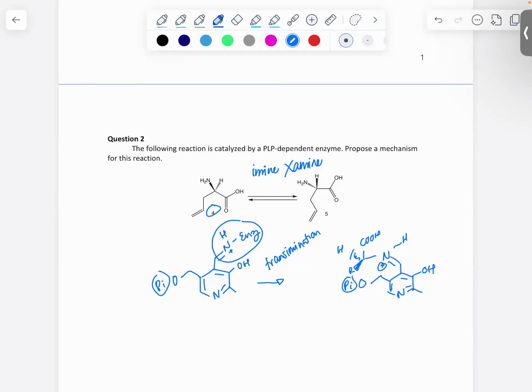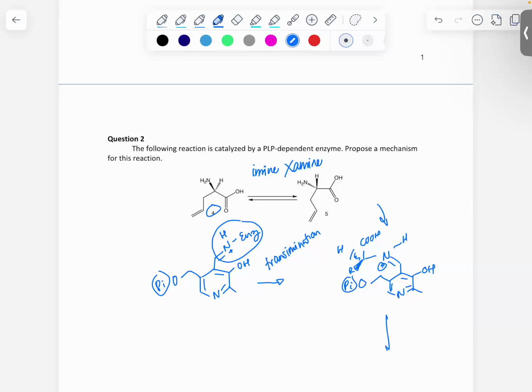Following that transamination, we can do the actual modifying of our amino acid here. And that is done by deprotonation.